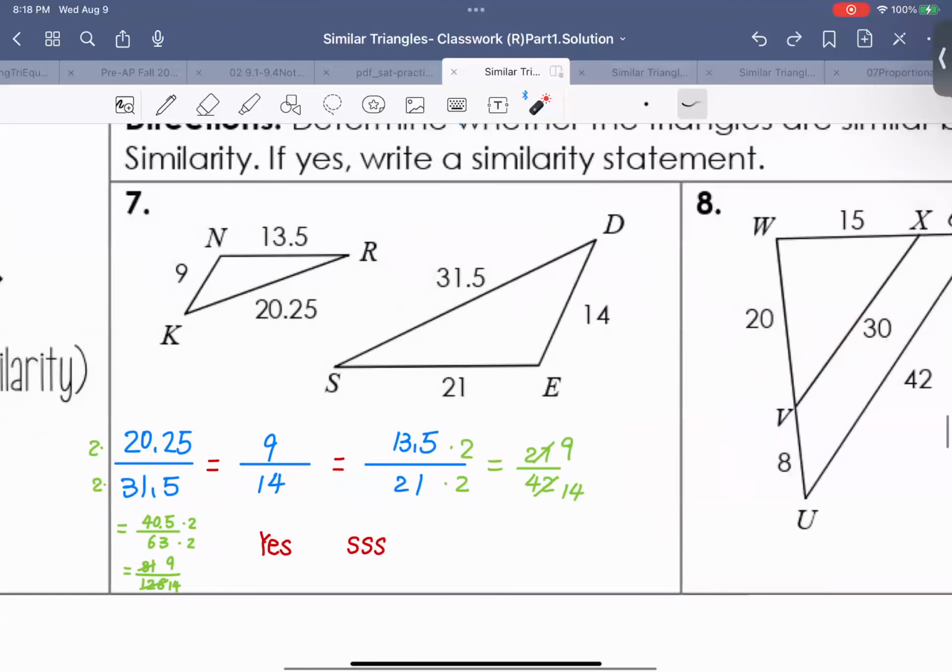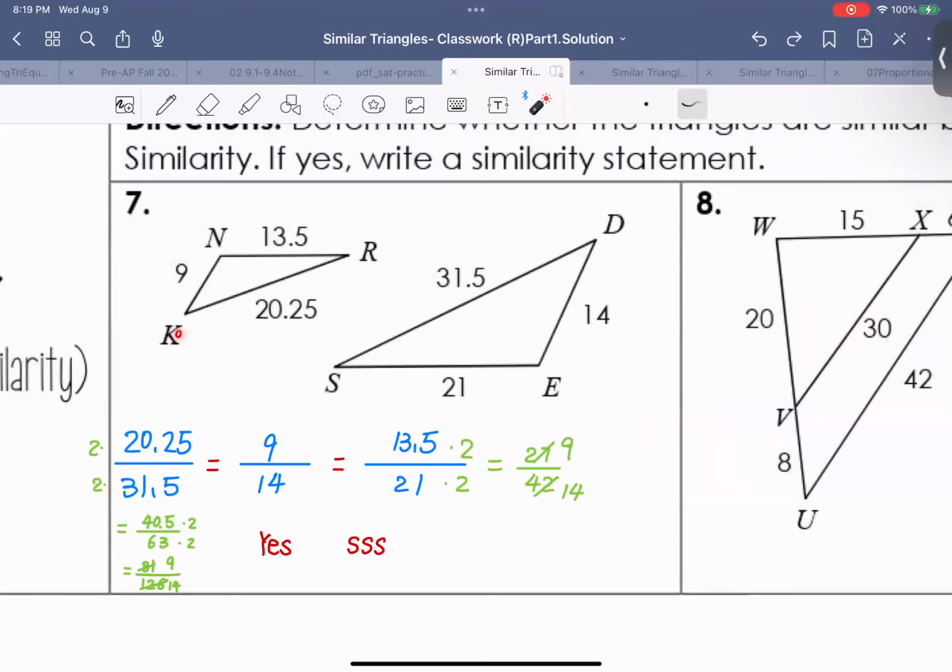Let's see here. The trick is this. You use the longest side over the longest side, you see here. So, Jeffrey, let's see here. You have 20.25 over 31.5. You want to check if this equals 9 over 14.